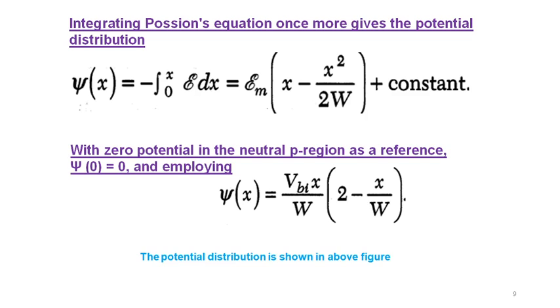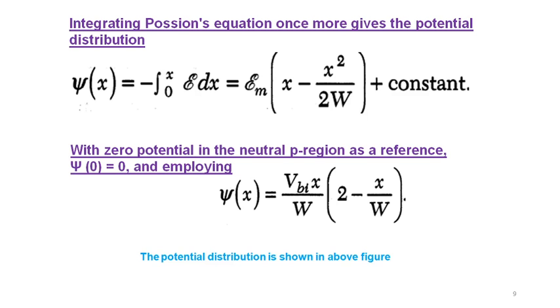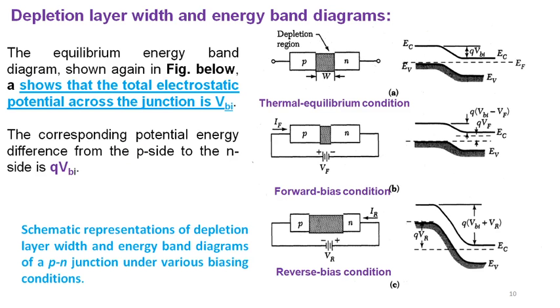Putting in the above value and integrating over the distance 0 to x, we get Em times x minus x squared over twice W, plus a constant. With zero potential in the neutral p region as the reference, at x equal to 0 the equation becomes psi of x equal to VBI times x over W times 2 minus x over W, and this is the potential distribution shown in the last figure, that is VBI. Then we have to go on to the depletion layer width and energy band diagrams.